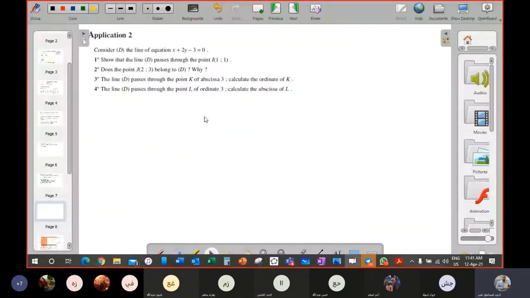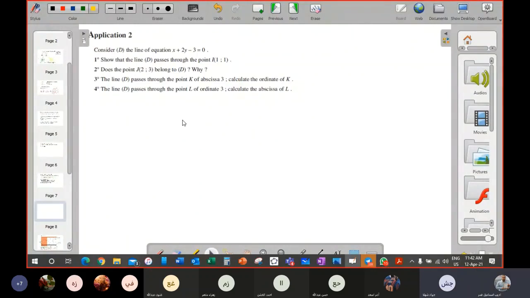Let's take example application 2. Read, Jawad. Consider the line D of equation x plus 2y minus 3 equals 0. Continue. Part 1: show that the line D passes through the point I (1, 1).